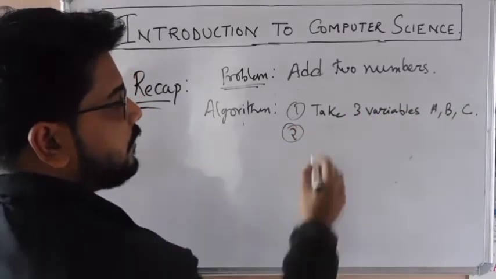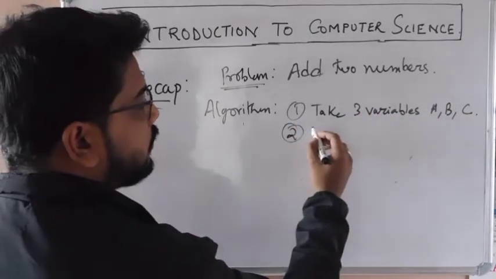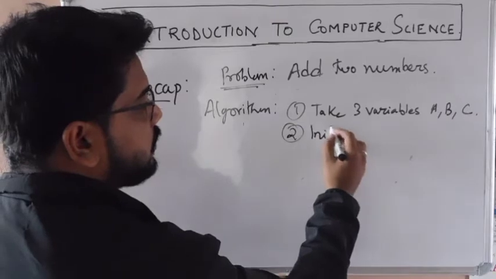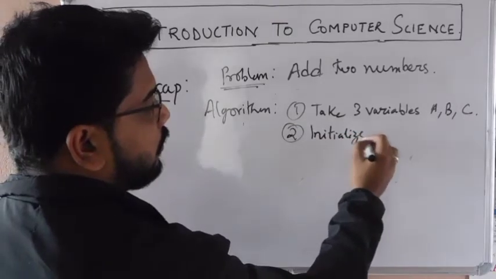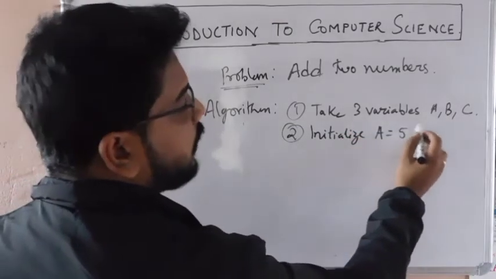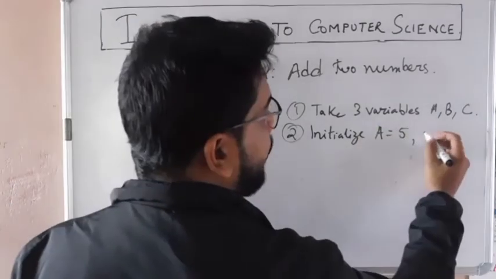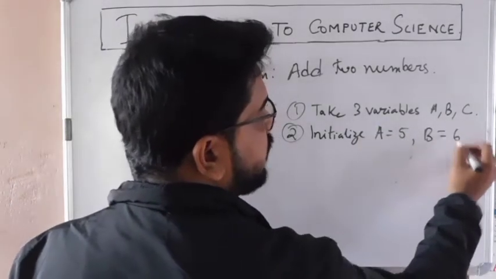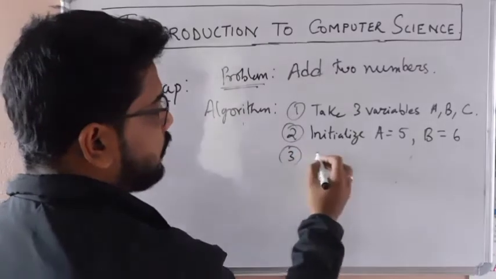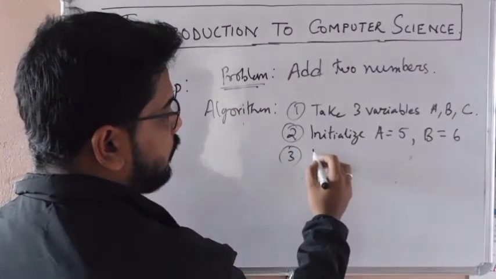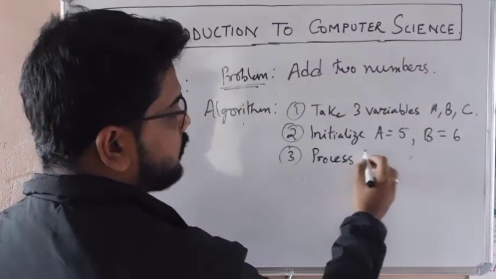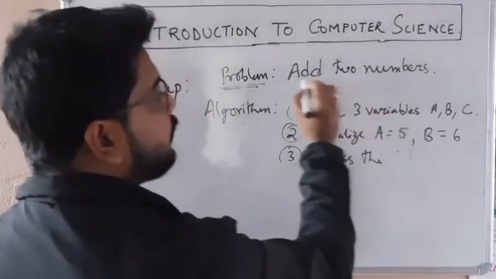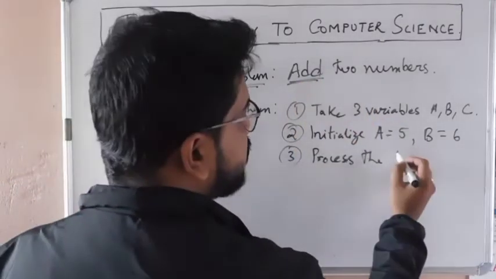Take three variables A, B and C. Then initialize A equal to, suppose whatever value you want to give, A equal to 5, B equal to 6. Then process the sum. We need to add the two numbers, right? So we will process the sum.